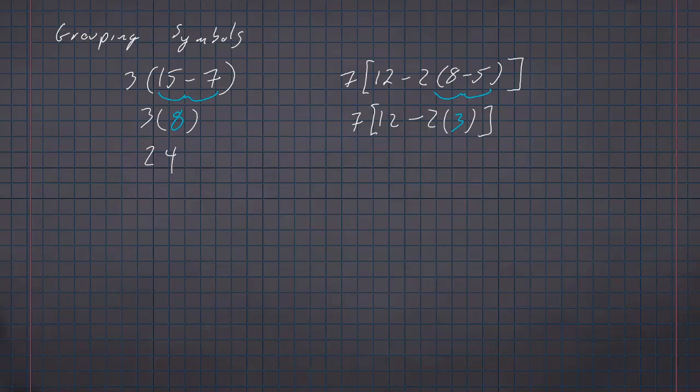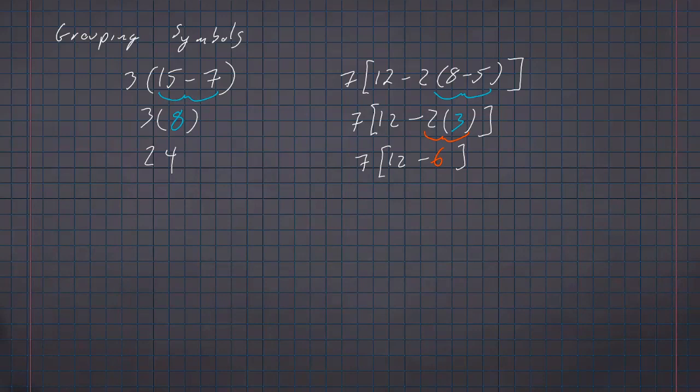They're telling us to multiply. So we have subtraction and we have multiplication. The order of operations says that multiplication comes first. 2 times 3 is 6. Everything else comes along for the ride.